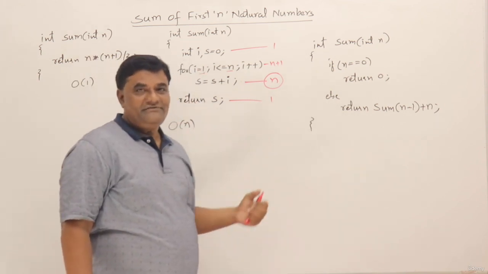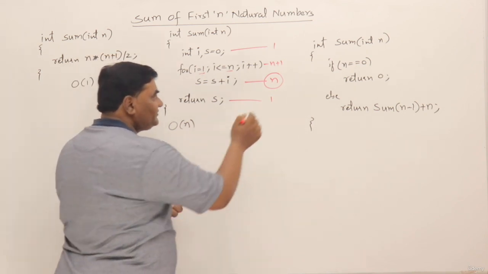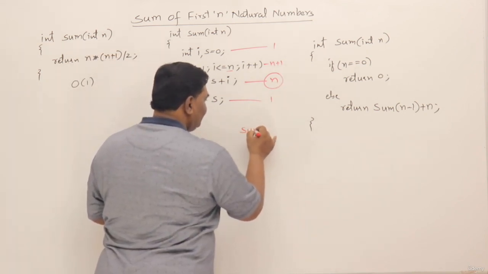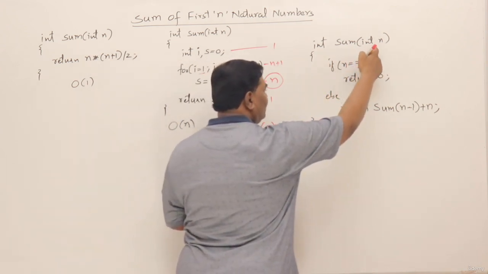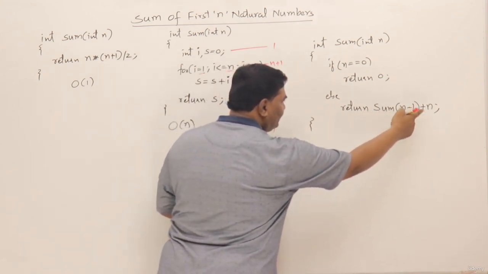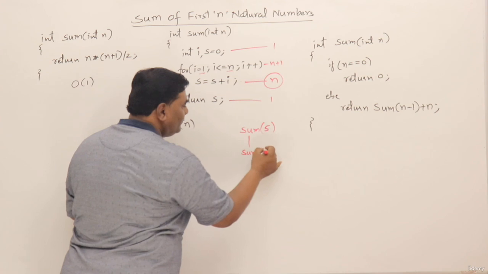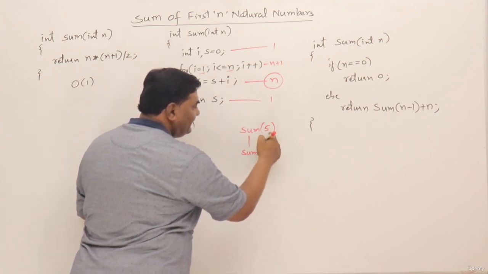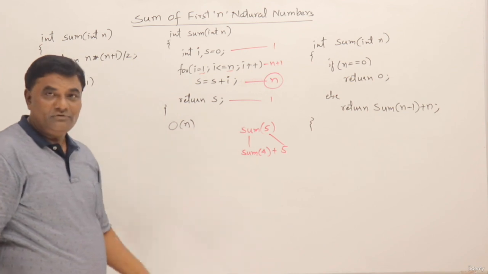So let me trace this function and show you for the value 5. If I call this function sum for value 5, then what will it do? If I pass 5, 5 is not 0, then it will call sum of n minus 1 plus n. So it will call itself for sum of 4 and the value of n is 5, that is added. So it's making one more call.